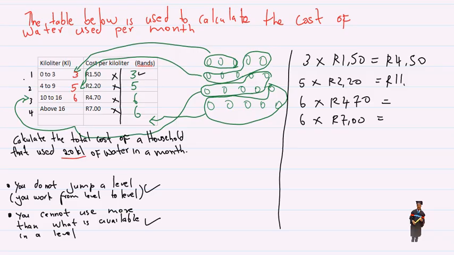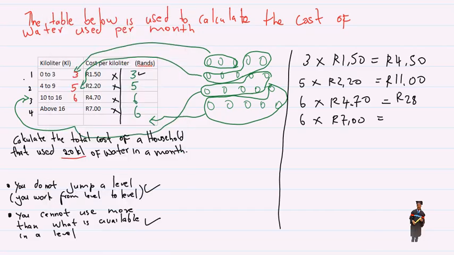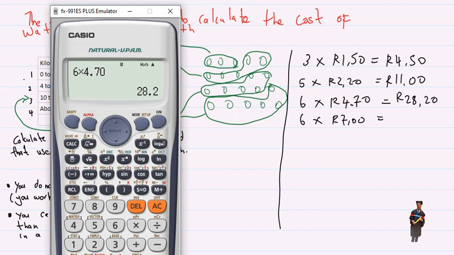Then 6 multiplied by 4 rand 70 is 28 rand 20. And then 6 multiplied by 7 rand is 42 rand.